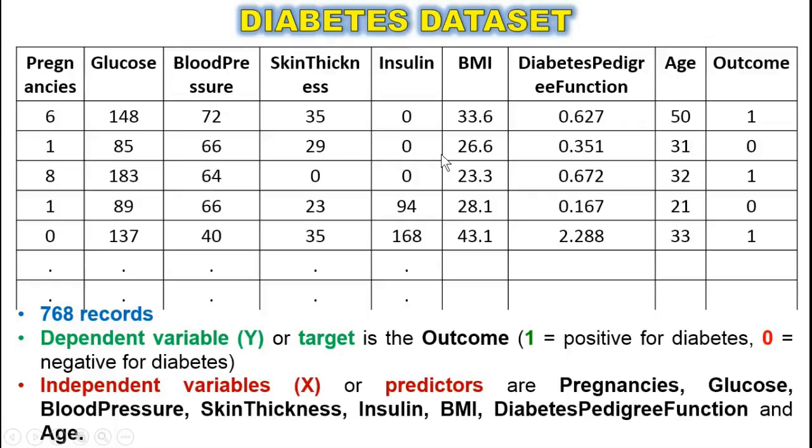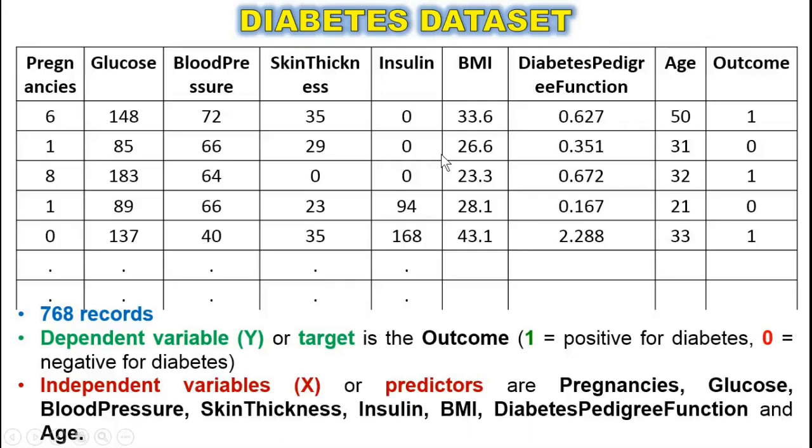There are 768 records. The dependent variable y or target is the outcome. Under this outcome, it has two possible values. A 1 indicates positive for diabetes. A 0 indicates negative for diabetes.